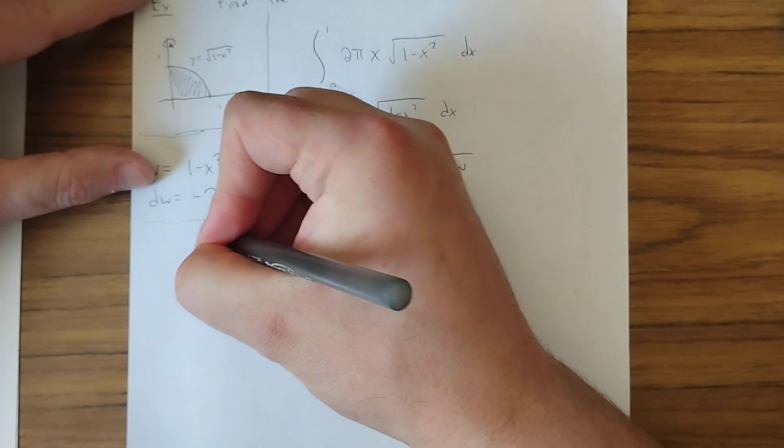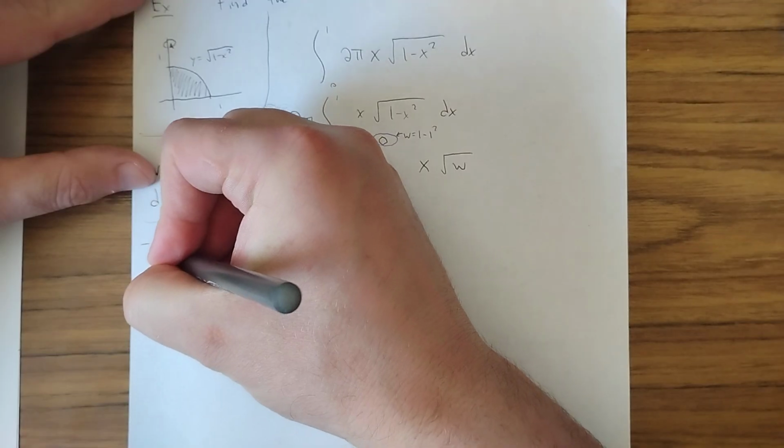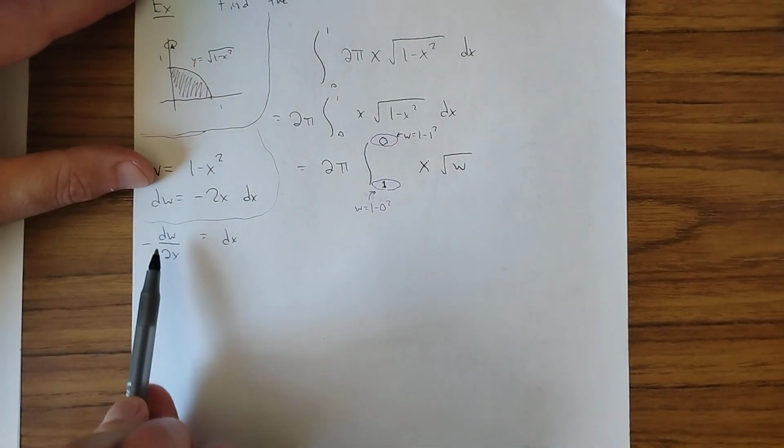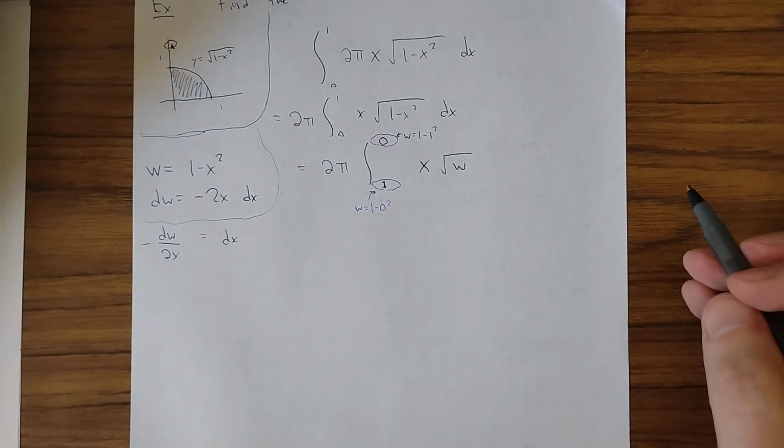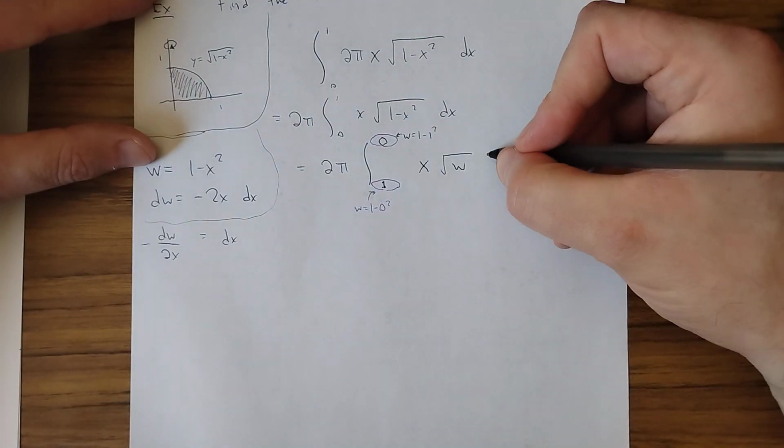If I'm just dividing by negative 2x, I just get that. Now I can replace this dx with that.